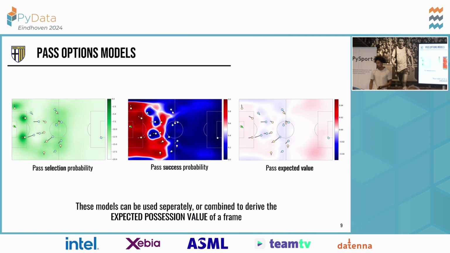Sometimes you just have the player running in that direction before making the pass. So yeah, it's a bit of combining this velocity, also the distance between the player that makes the pass and the ball, because if he makes a pass, it means that in a few milliseconds, the ball will be further away from him. So yeah, it's like combining different criteria.